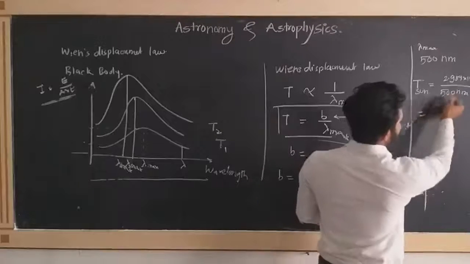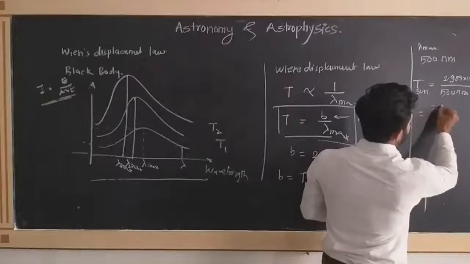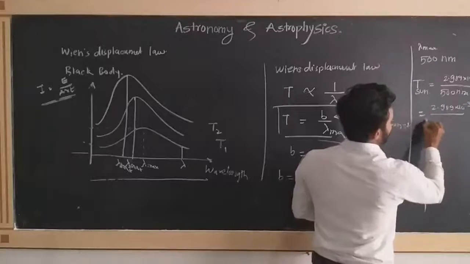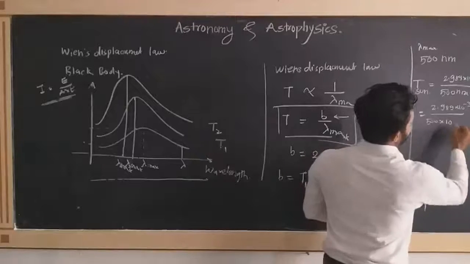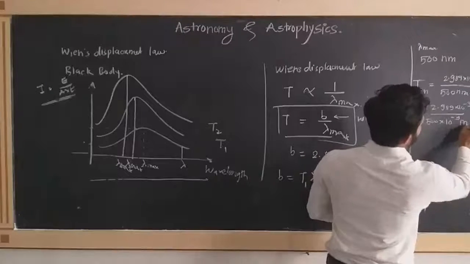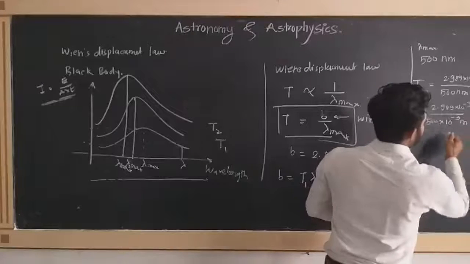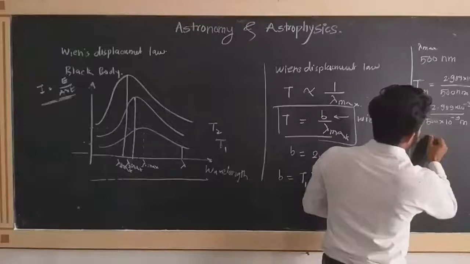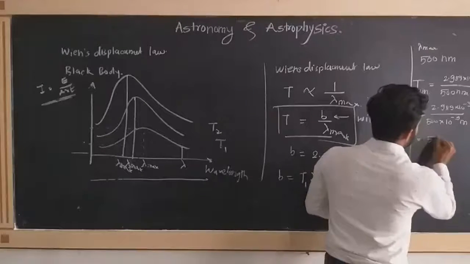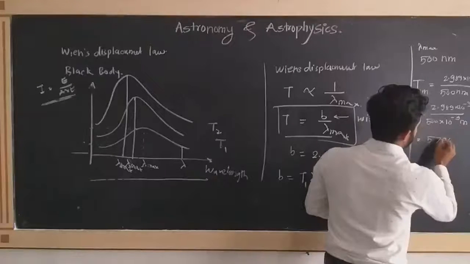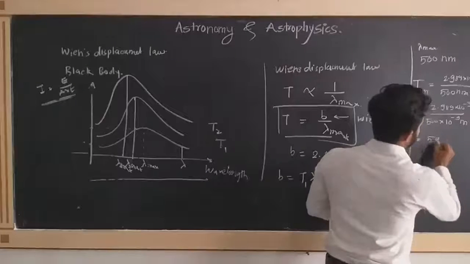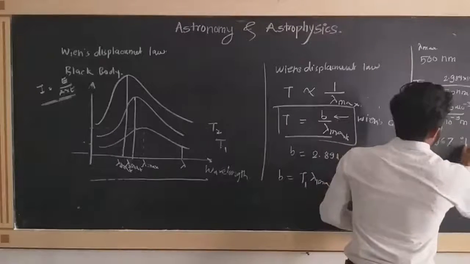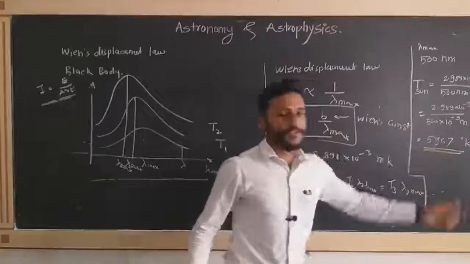Here we can do the simple calculation: 2.898 into 10 raised to minus 3 upon 500 into 10 raised to minus 9 meter. So minus 9 at the numerator. The answer, I think, is 5967. You can do the calculation by using a calculator. Degree Kelvin. So this is the temperature of the sun.